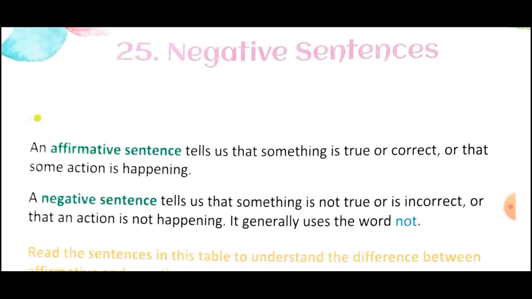Now we are going to see in detail about declarative sentences and interrogative sentences. As I told you, a declarative sentence includes two types, that is positive sentence and negative sentence. If it is a positive sentence, the pattern will be subject, helping verb, verb, object, other words. At the end, full stop.